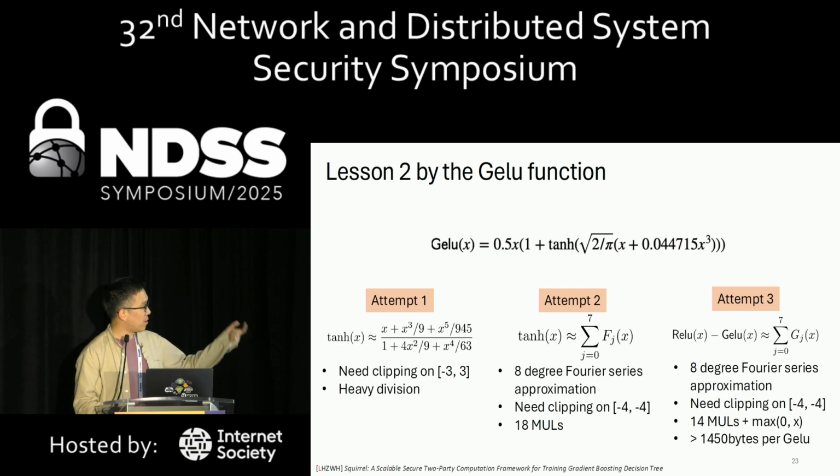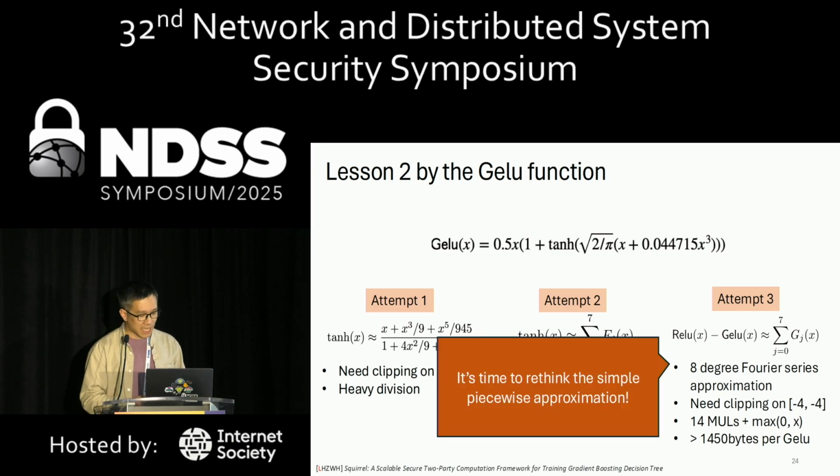In my old paper, we have a very efficient protocol to evaluate the Fourier series. But the number of multiplications here is quite large, because we have to do an 8-degree Fourier series, so we have like 18 multiplications. Yeah, the other attempt is also the same. So we turned to the simple piecewise approximation.